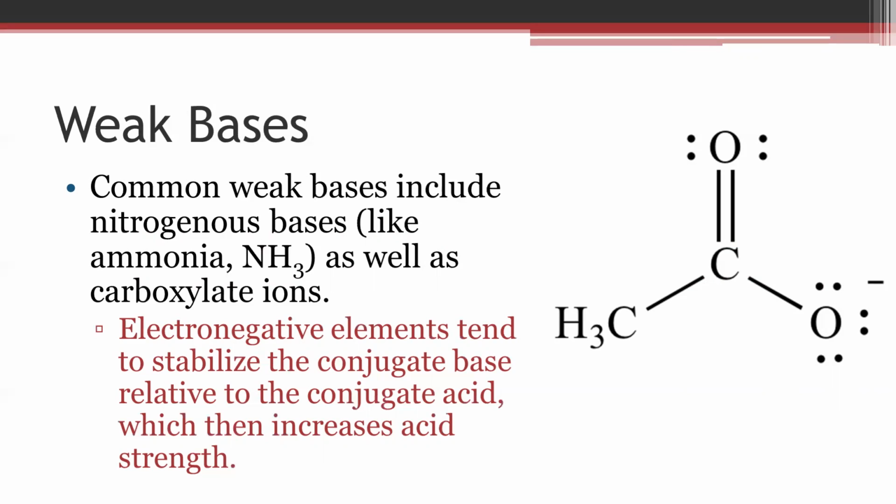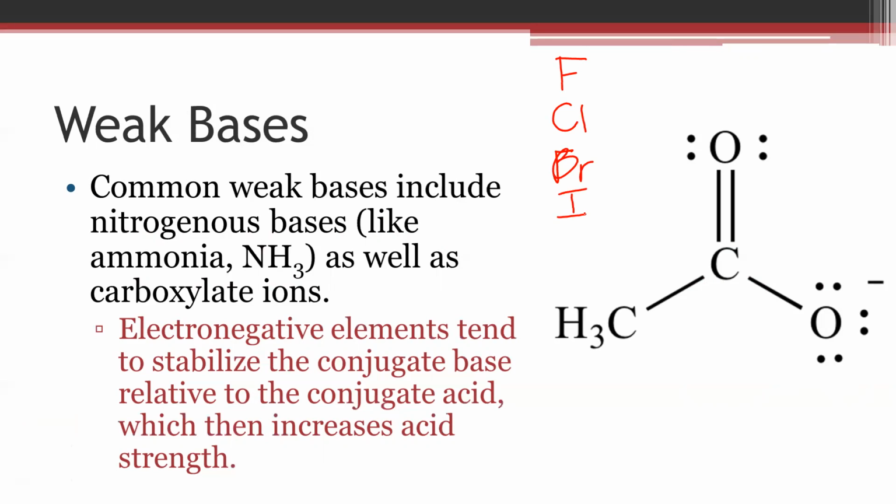So electronegative elements will tend to stabilize the conjugate base relative to the conjugate acid, and this is what increases acid strength. When you see a more electronegative element, that means more stabilization, which makes the acid stronger. Now, electronegative elements, just to review, are the halogen column on the periodic table, group 7A. In order, that would be fluorine, chlorine, bromine, iodine.